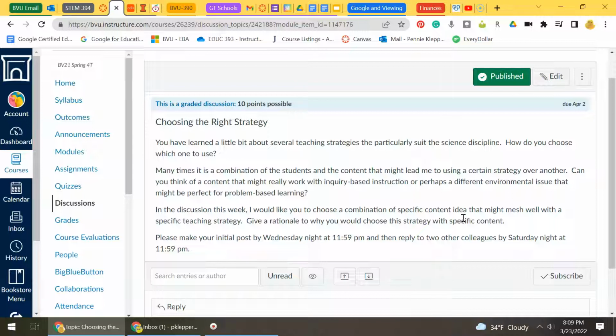Think of something that you're very interested in in science, and how you would take that topic and mesh it with one of those teaching strategies that was presented. Then you want to give us that rationale of why you would choose that particular strategy to go with that specific content. So first put your initial post on Wednesday, and then reply to 2 other people by Saturday at midnight.